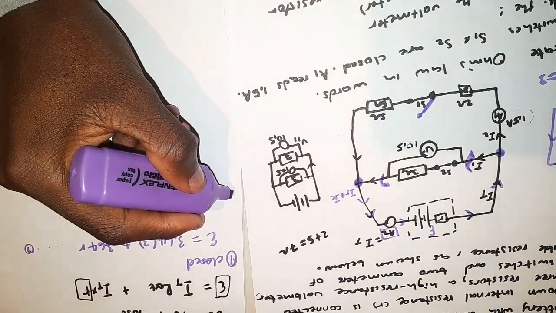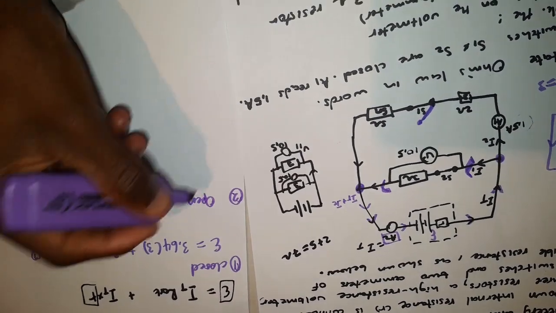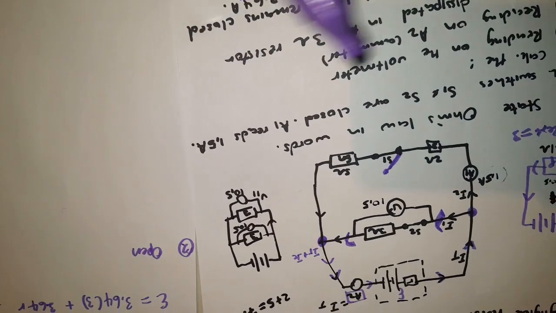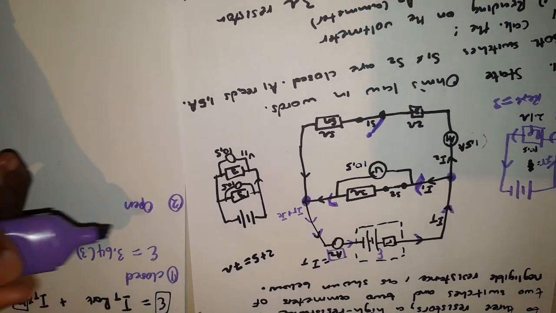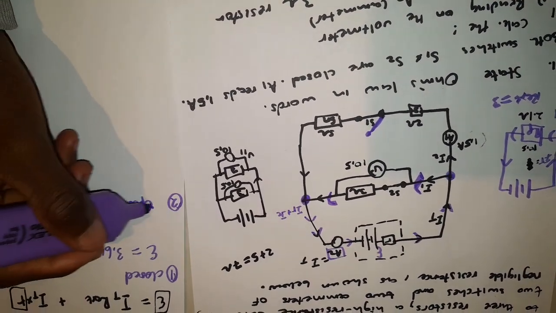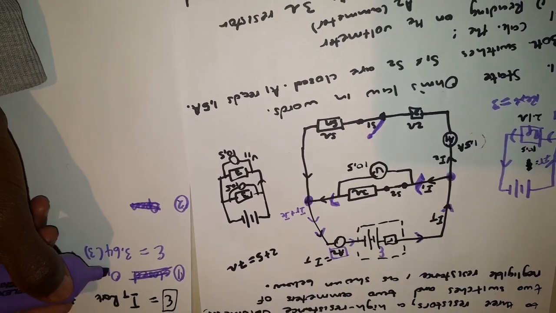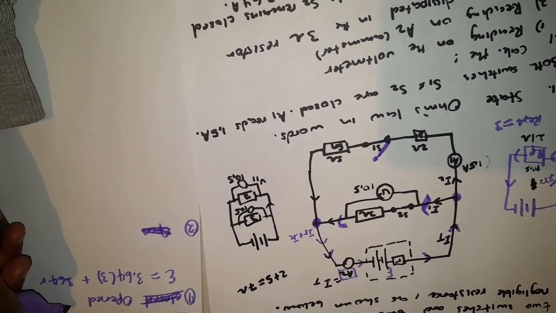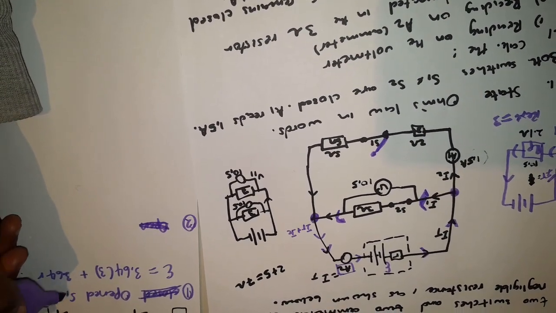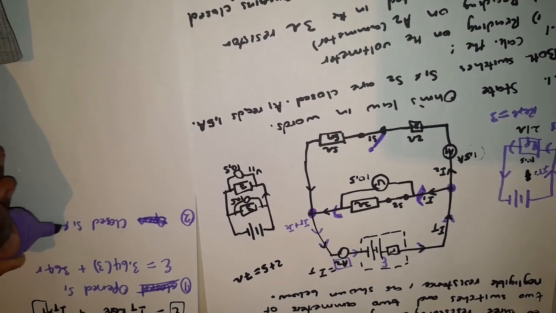So now for the second equation, the opened one, this is the one when we were dealing with this. Sorry for that, let me change this and write opened S1 and closed S1 and S2.